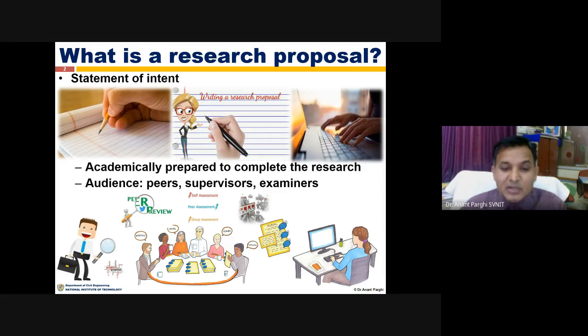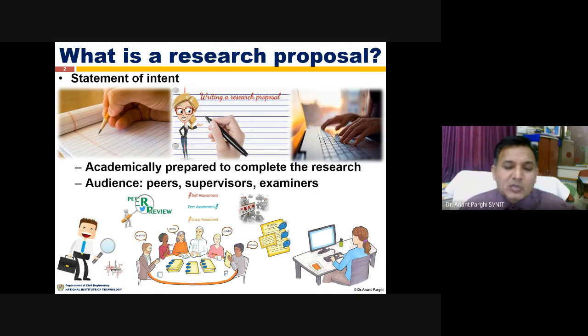It should be academically prepared, and we need to keep in mind who our audience is once we write a research proposal. So who is the audience? Whether they are students, our peers, our supervisor or examiner. We need to keep in mind the purpose of this research proposal. It's very important, because if you don't know who the evaluator is, right?